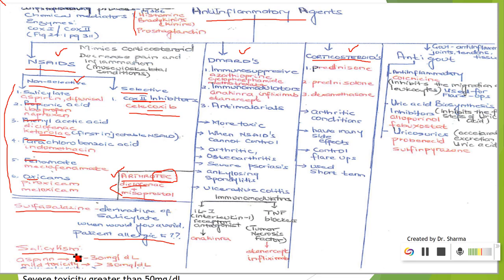The therapeutic range of aspirin is 15 to 30. Anything greater than 30 is going to result in mild toxicity, and anything greater than 50 milligram per deciliter is going to cause severe toxicity. So knowing these ranges is going to be helpful.